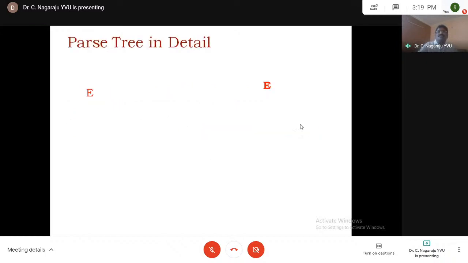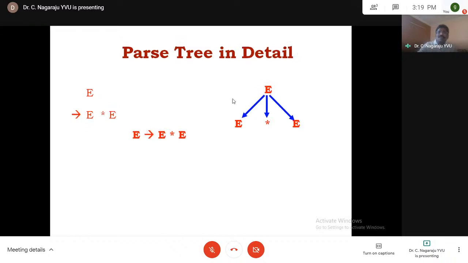That's why we have taken E. E is the root node and can have the form of E star E. Then we use this context-free grammar again.